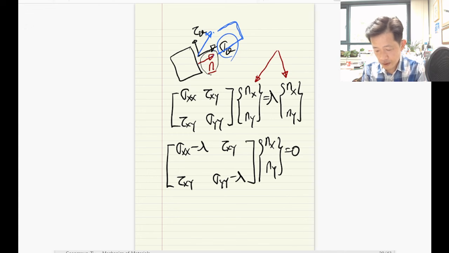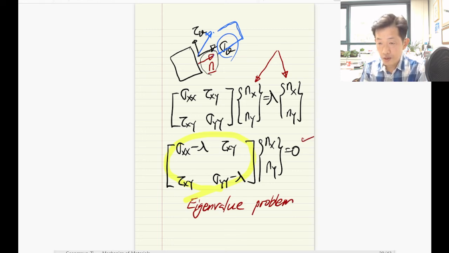Are you familiar with this equation? Yes, this equation is nothing but the eigenvalue equation from engineering mathematics, the eigenvalue problem. So how do you satisfy this? There are two cases.